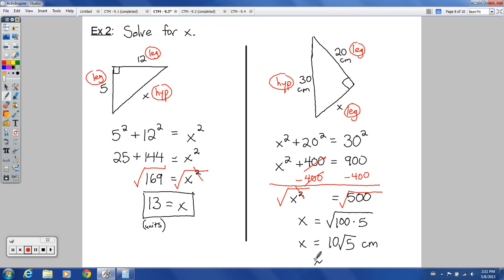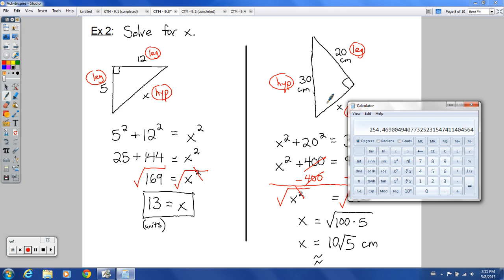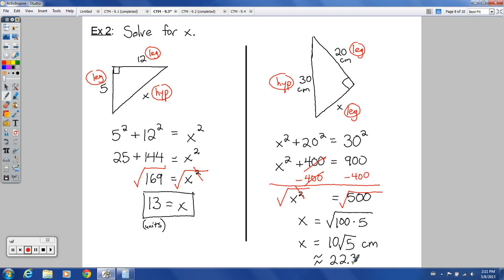If you approximate that, let's get out our calculator for that. So if I'm going to take the square root of 5, there's the square root button. So the square root of 5 is that times 10. It's just going to move the decimal one spot over, 22.36. And so here we could say this is approximately 22.36 centimeters for x.